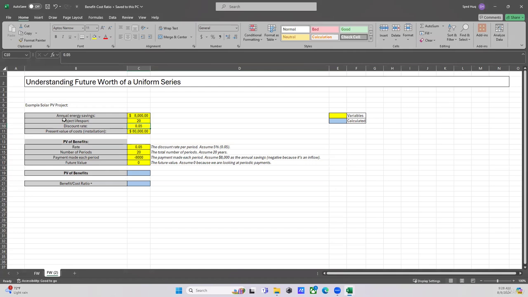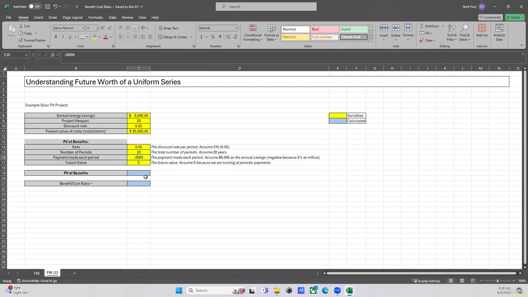So that is for the costs, $80,000. This is the annual energy savings. For the present value of benefits, the rate is 5%. The number of periods is 20. The payment made each period is minus 8,000. Why? Because it's a savings. You are not paying anything, but you are getting something from the project.